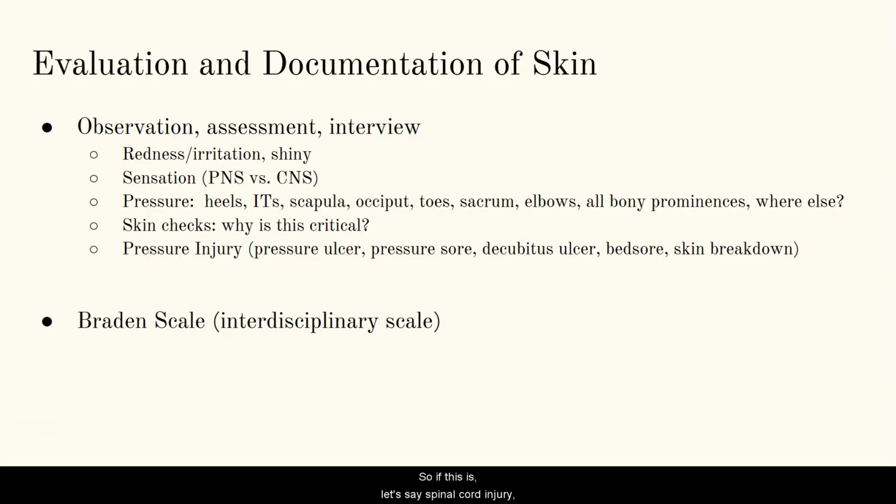So if this is, let's say, spinal cord injury, stroke, brain injury, where there is likely sensation loss because of an upper motor neuron condition versus a peripheral nervous condition like neuropathy, the mechanism of skin breakdown and skin integrity could look a little bit different. So you want to make sure that you're understanding that and then making your observations based on those things.